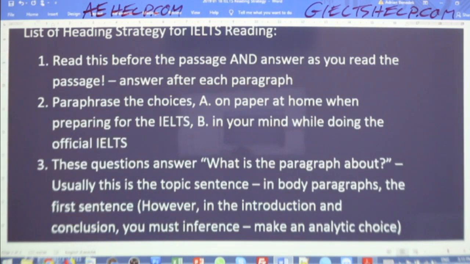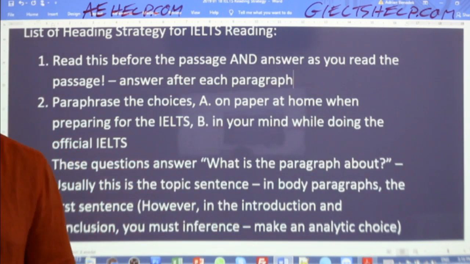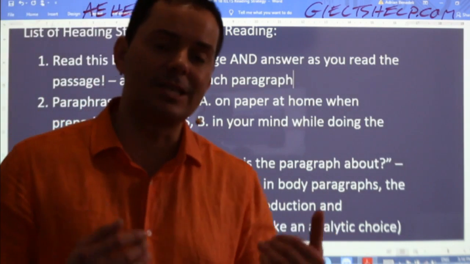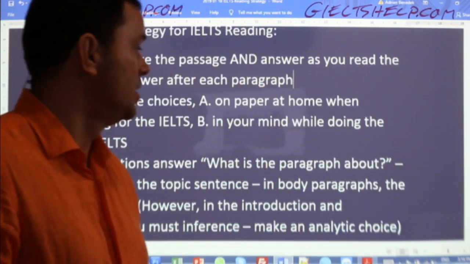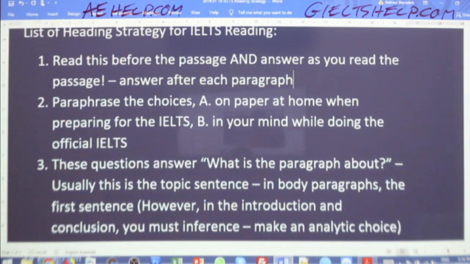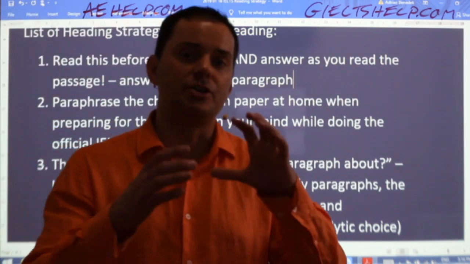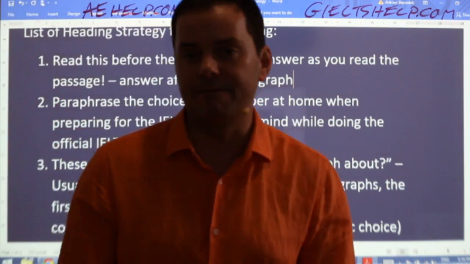When you're in the IELTS, do it in your mind, okay? These questions answer what is the paragraph about. It's usually the topic sentence, the first sentence, especially for body paragraphs in the passage. For the conclusion, for the introduction, you have to do inferencing. It means you have to understand the whole paragraph and figure out based on that information.